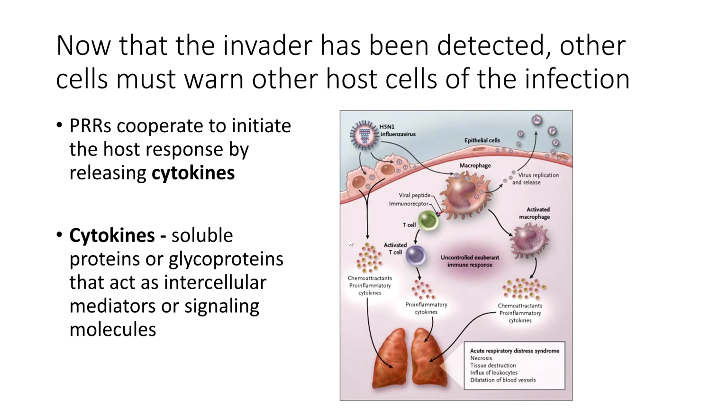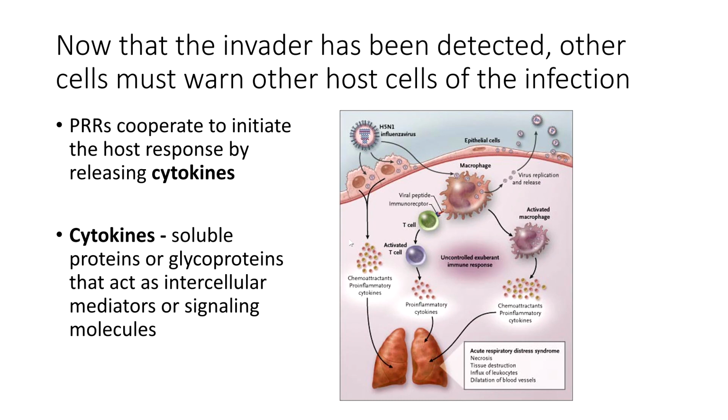Alright, so now that the invader is detected, it wouldn't do a lot of good to detect it if you didn't have some sort of system to raise the alarm. One of the main ways that cells will do this is by releasing cytokines. These are soluble proteins or glycoproteins that act as intercellular mediators for signaling purposes.